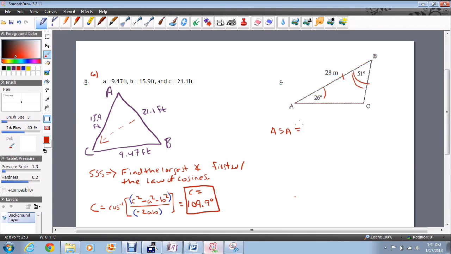So what angle, side, angle tells us to do is just to start off by finding the remaining angle. You only have one to find this time. Then use the law of sines.